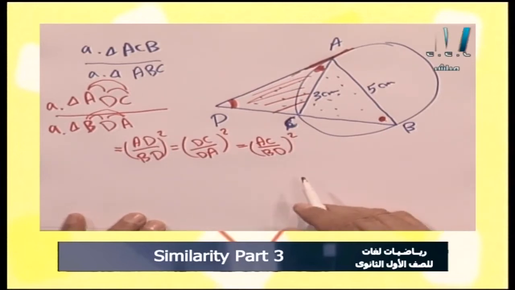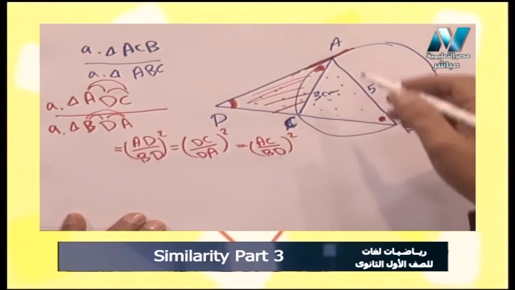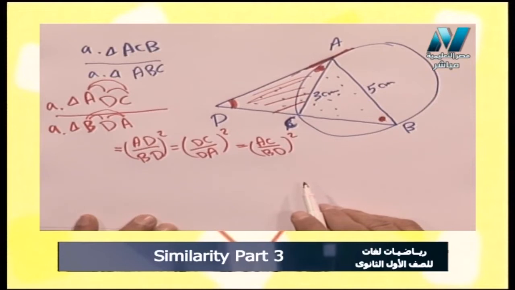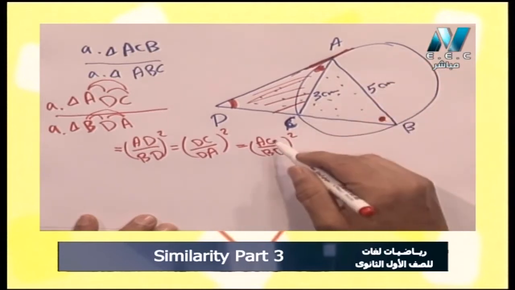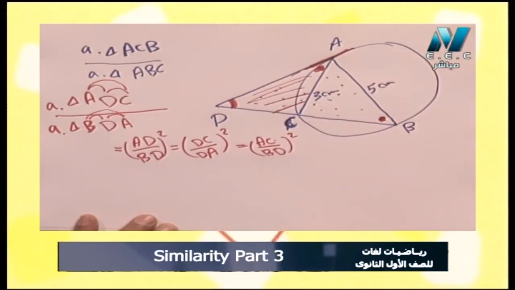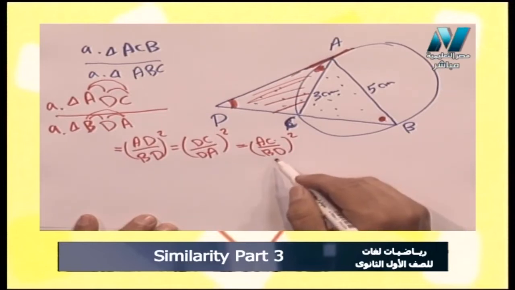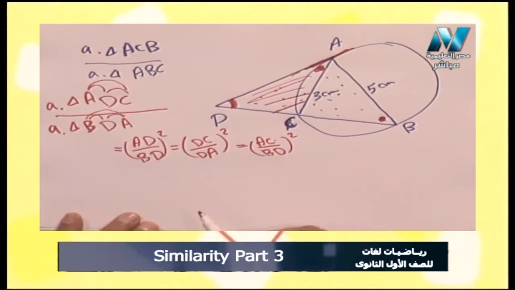Do we have any ratio here? We have also AC and AB. Where is AC? This is AC and AB. Okay, we'll concentrate again.